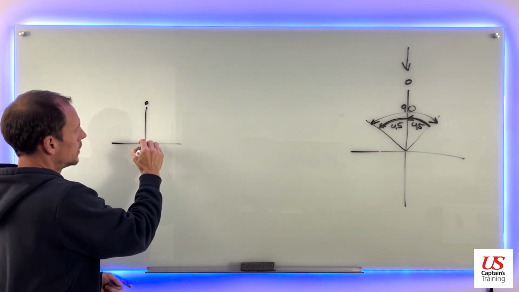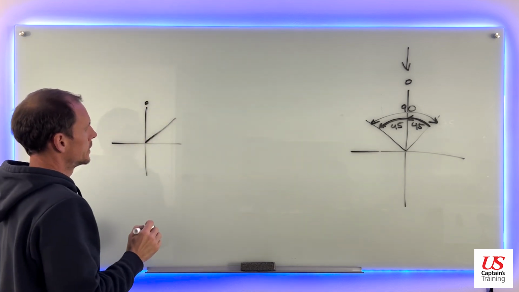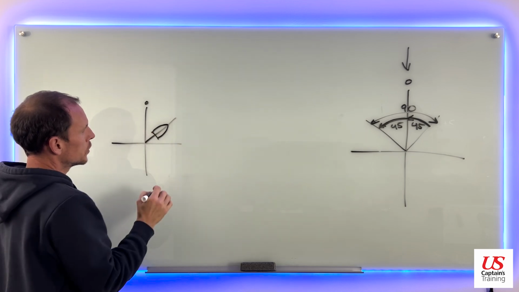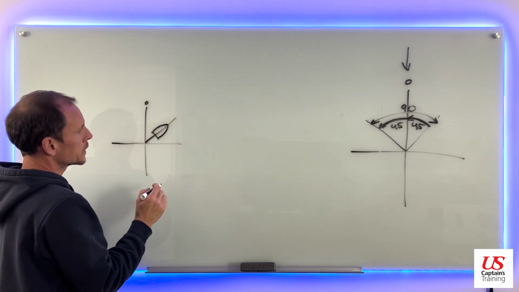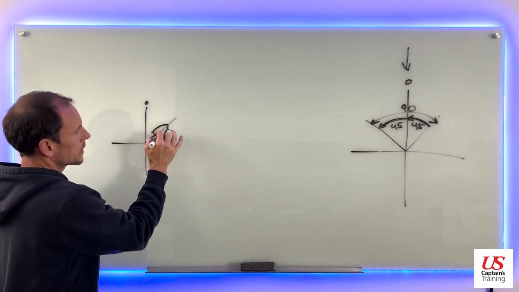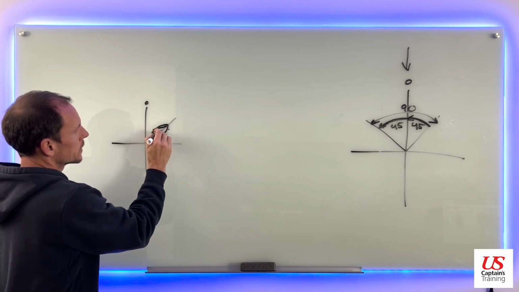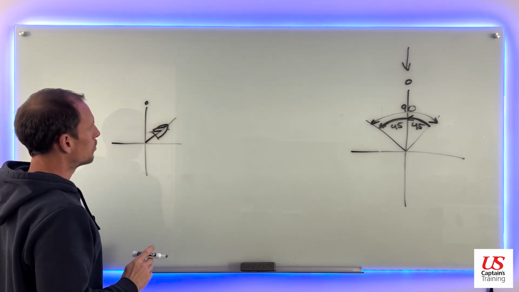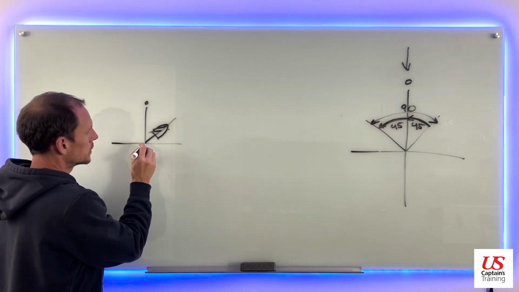Again, 0. 45 degrees. We're close-hauled. Here's us. We're close-hauled starboard tack. That means the wind is hitting our starboard side. Our sails are going to be this way. And we tack to a port tack, which means we're down here.